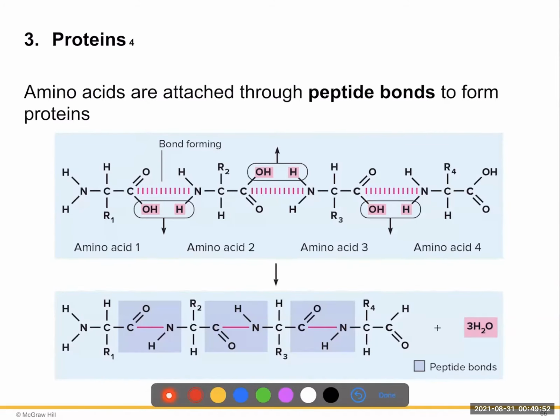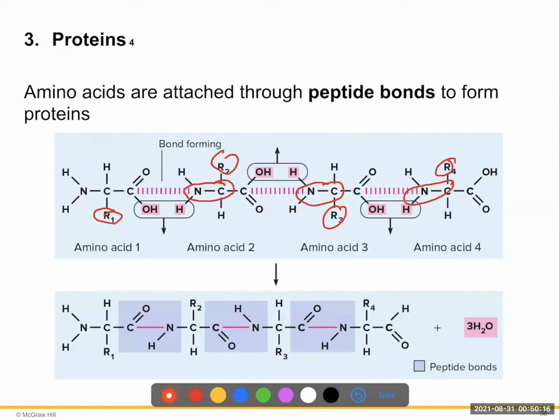So amino acids attach by what are called peptide bonds. These different amino acids attach to each other, and they always attach the nitrogen carbon group, nitrogen carbon group, nitrogen carbon group. Okay? And they continue to attach to that end, and they build into a chain. And the R group, like I said, is the only difference. That's the only difference.